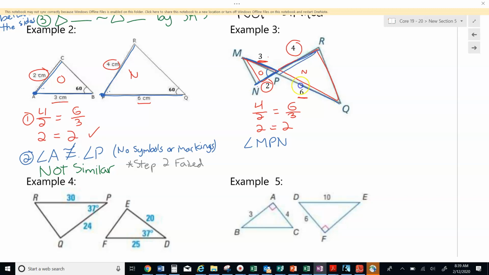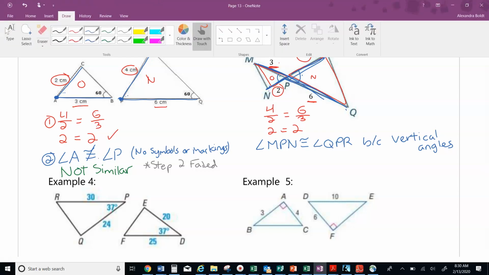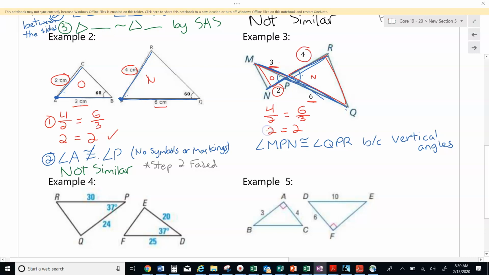This is one of my sides, this is one of my sides, that's angle QPR. Right, they're both meeting at P. These are congruent. Again, because it's that bow tie shape or those crossing lines, they are vertical angles. So, we do have our 2 sides, check, that was step 1, and our angles, that was step 2.